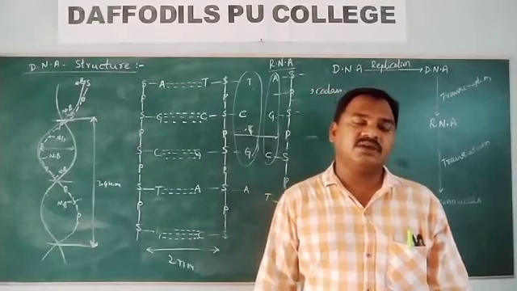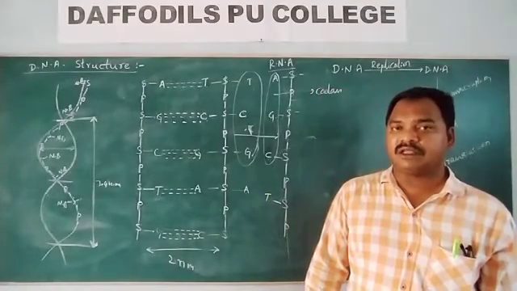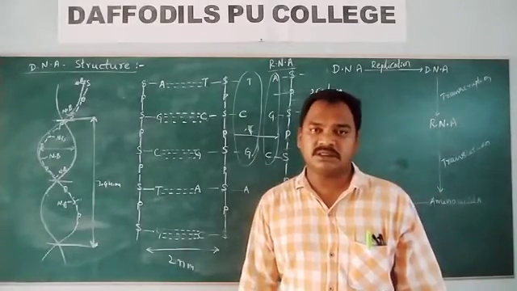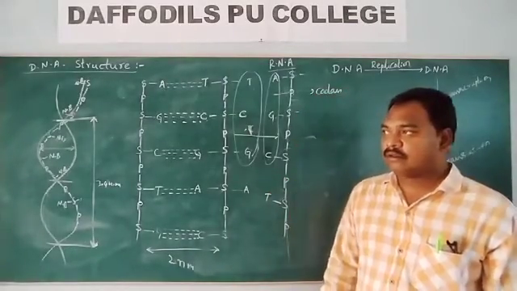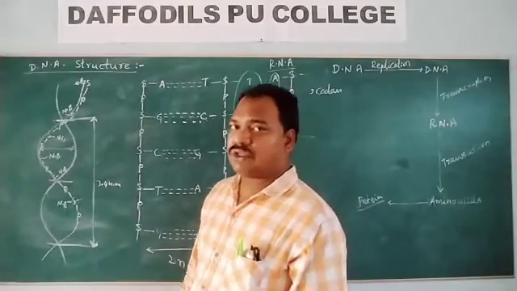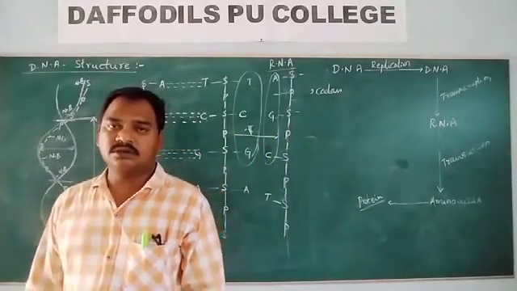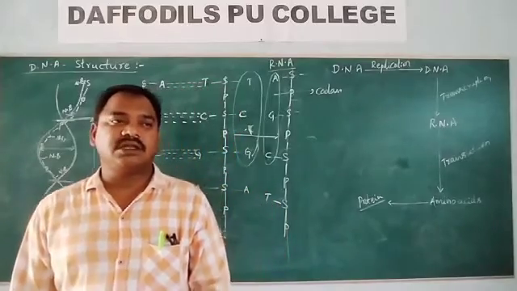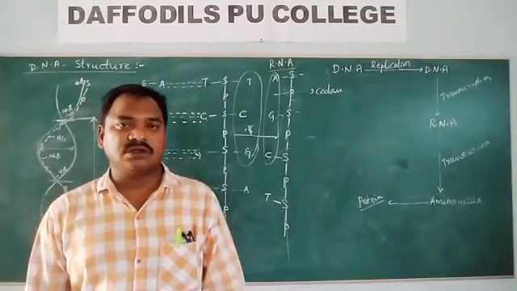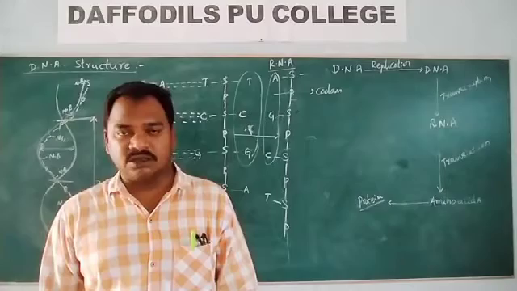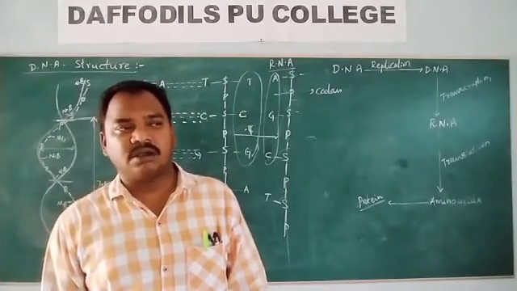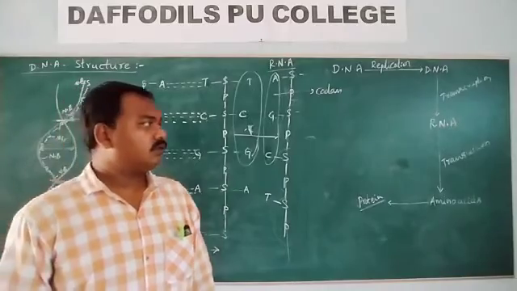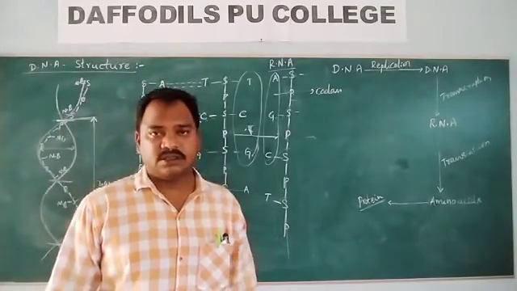By using these DNA fingerprinting techniques, we can identify the parents. All the information is stored as nitrogen bases, and this information is passed from one generation to another through DNA.